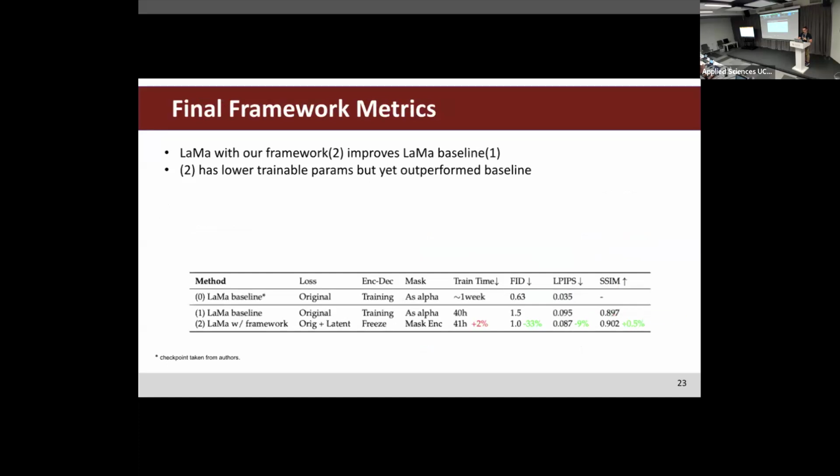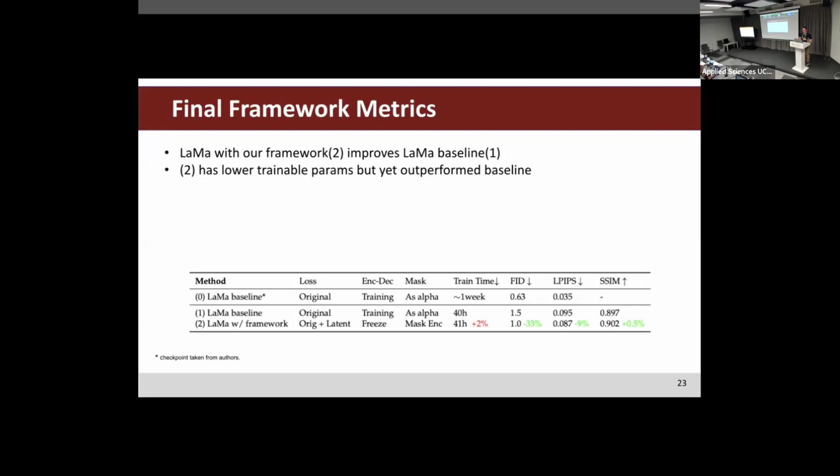And for our final metrics, we compare the LaMa baseline model, which is fully the same model as LaMa with fully the same setup for losses, in the first row, and we compare it with LaMa with our framework from the previous slide.